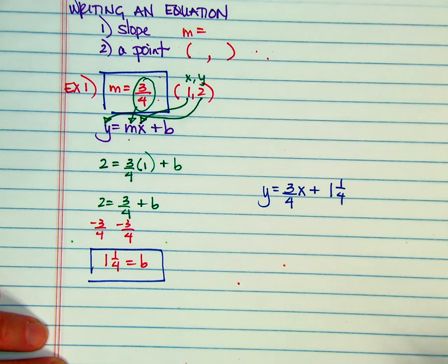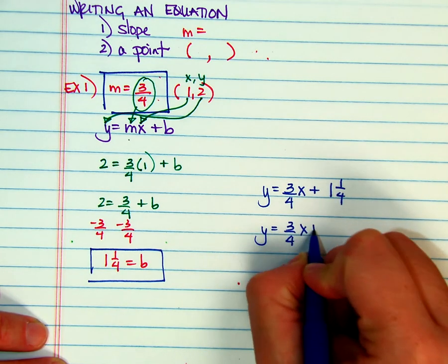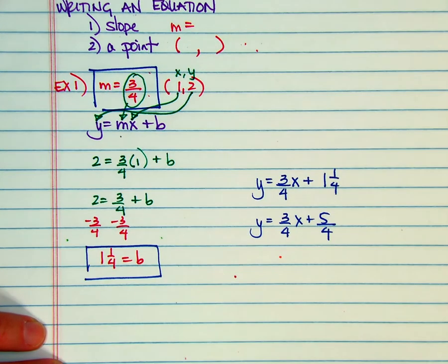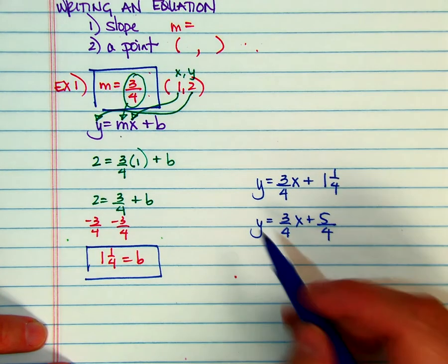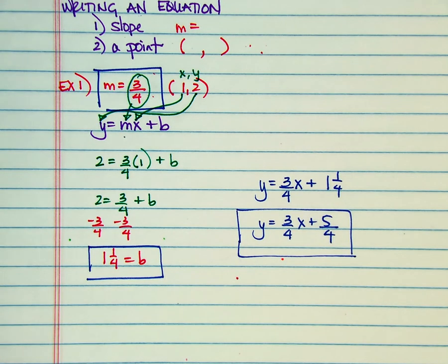If you don't like the mixed fraction, you can change it to an improper fraction. Honestly, I'm not picky about the b as long as the slope is not a mixed number. And that's all you're doing. So basically, if you have the slope and a point, then you can write any equation.